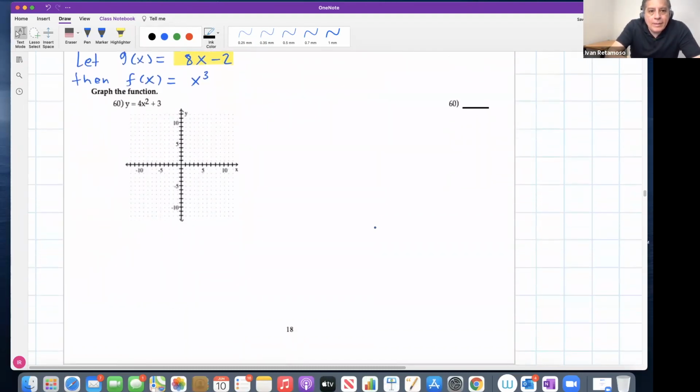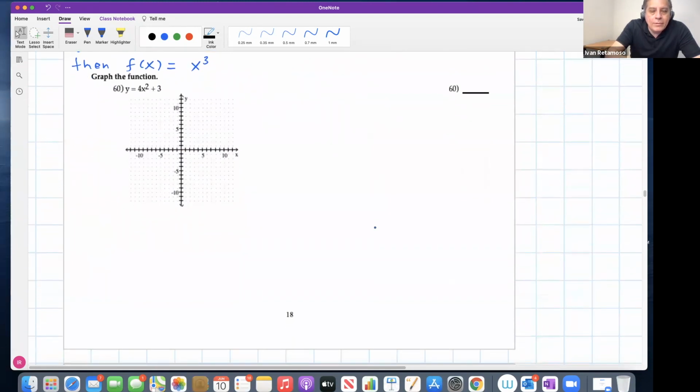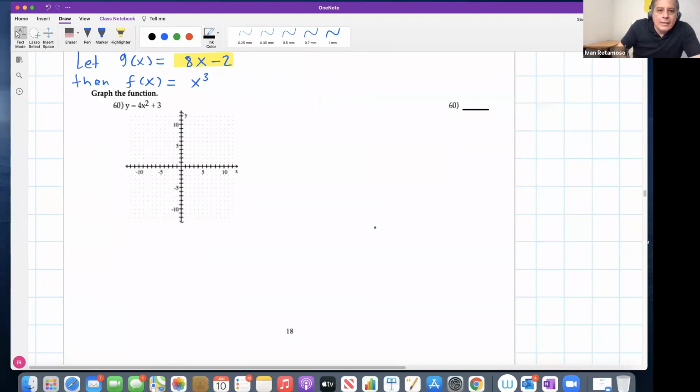Let's talk about graphing these functions using transformations. Remember when they give you 4x squared plus 3, think of the parent function f of x equals x squared. We know very well that that function, when graphed, shows a parabola. Start with something that you know, y equals x squared.